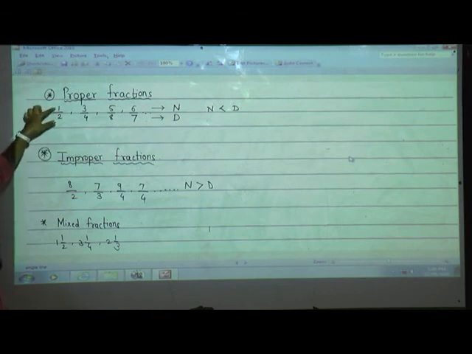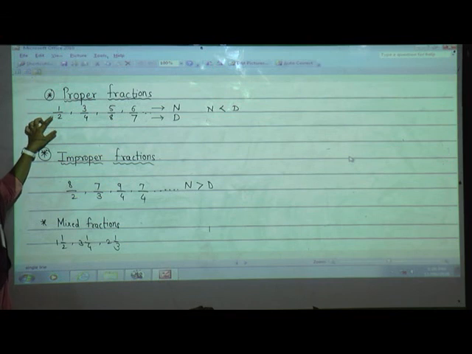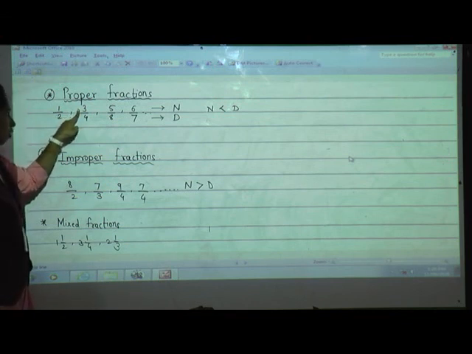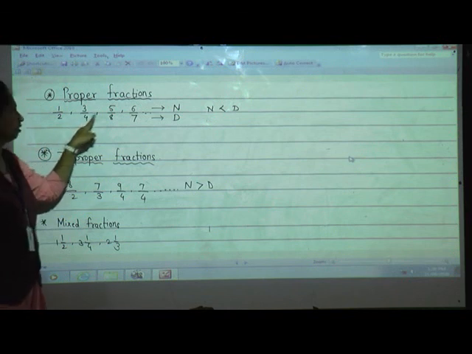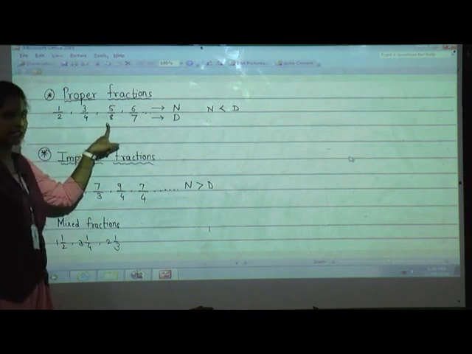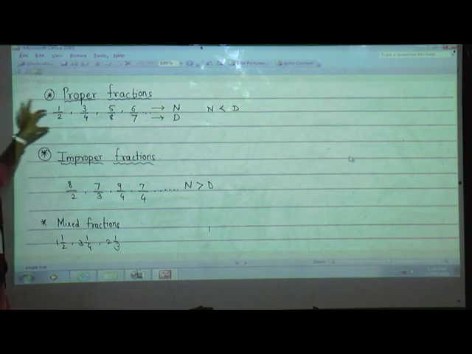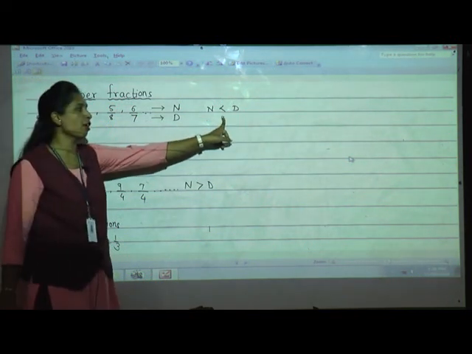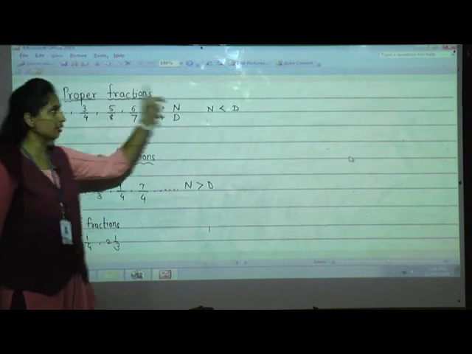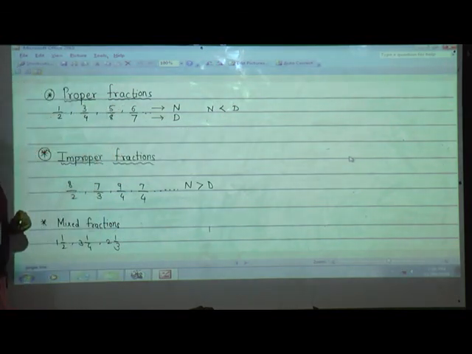Isn't it? Here it is 1, the denominator is 2, so the denominator is greater. Here 3 is small, 4 is greater. 5 is small, 8 is greater. So whenever the numerator is smaller than the denominator, they are called a proper fraction.